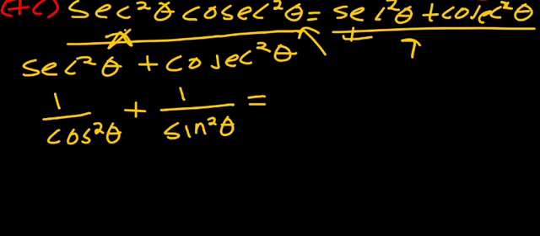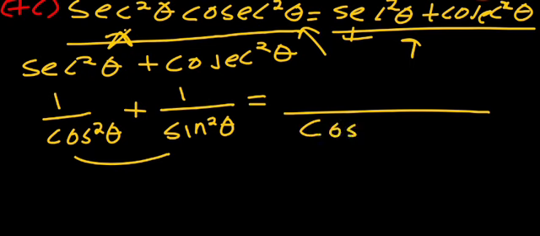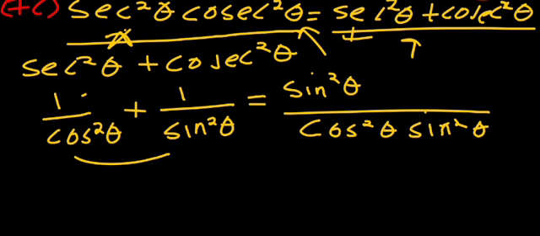So what we are going to do now is to find the common denominator. We multiply the denominators, so that is cos squared theta times sine squared theta. Then cos squared theta into the first term gives sine squared theta, and sine squared theta into the second term gives cos squared theta.